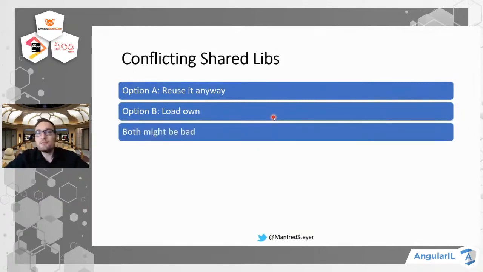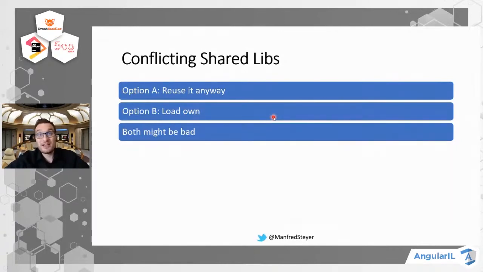But both might be bad when it comes to your leading framework or your leading library. It might work, and yeah, there are unsupported situations allowing to run several Angular versions side by side. But if you don't take care, if you don't know exactly what you are doing, you will fail. All hell will break loose. You will get a lot of exceptions.